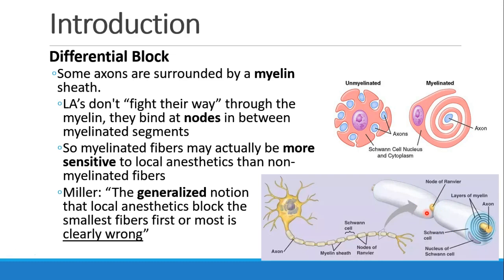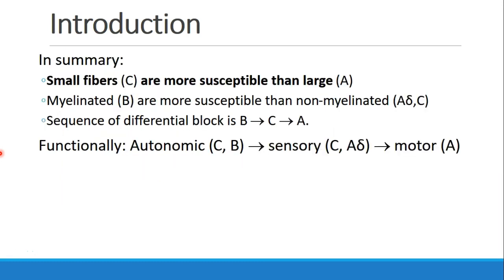In Miller's Anesthesia, it is written that this generalized notion that local anesthetics block the smallest fibers first or most is clearly wrong. So now that we understand the structure of the axon and of the nerves, let's summarize. The small fibers, or the C fibers, are more susceptible than the large fibers like the A fibers.